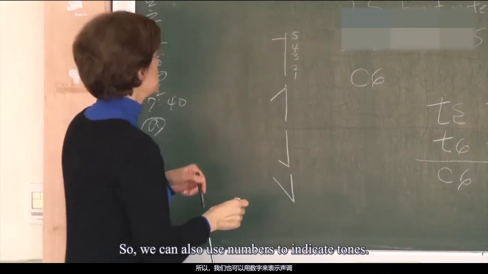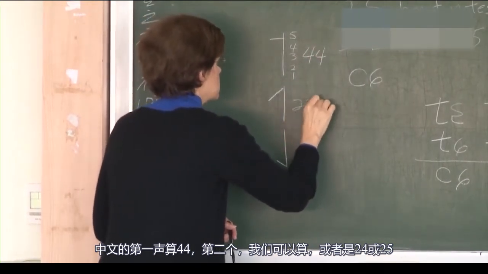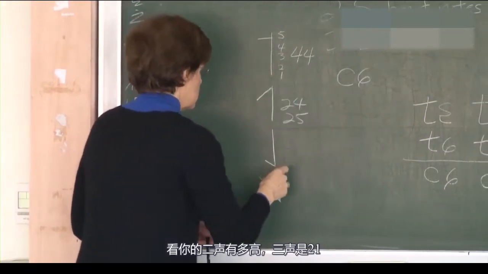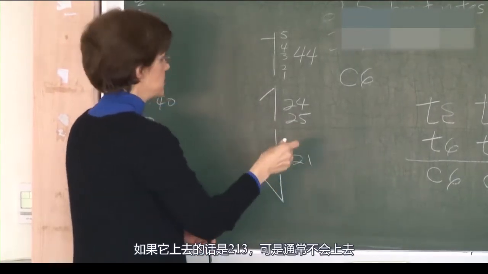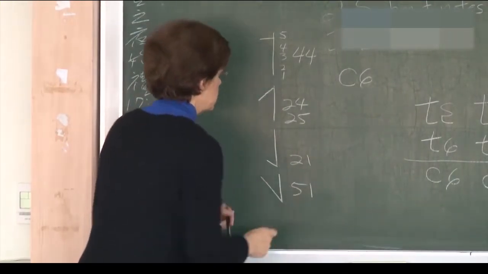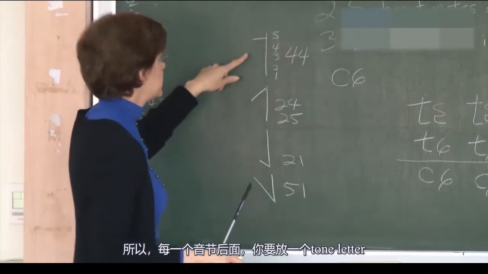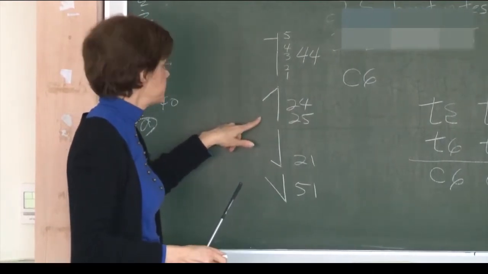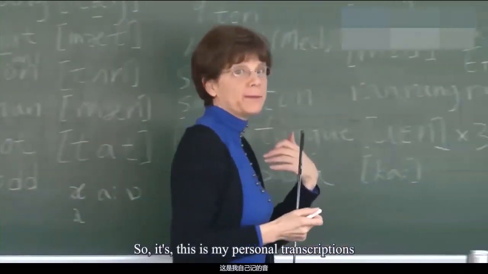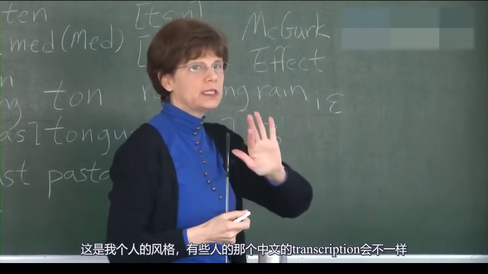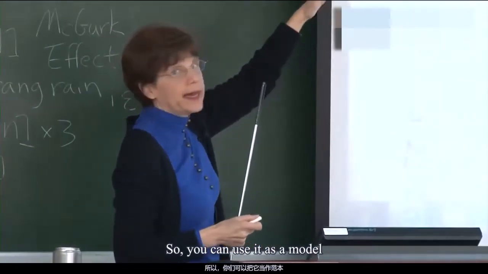So we can also use numbers to indicate tones. 中文的第一声算4/4，第二个我们可以算2/4或2/5，看你的耳声有多高。三声是2/1，如果它上去的话是2/3，可是通常不会上去。And the last one is 5/1。妈、马、马、马。所以每一个音节后面你要放一个 tone letter，让我们知道是第几声。Everybody understand what I've just told you? 都可以吗？You have an example here, so this is my personal transcription. 这是我个人的风格。有些人的中文 transcription 会不一样，这是我个人采用的。So you can use this as a model.